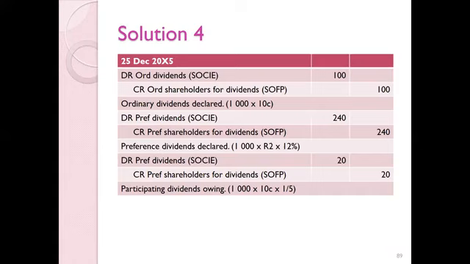So it would be the 100 Rand divided by 5 to get 1/5. That means that the preference shareholders are going to get an additional 20 Rand. Exactly the same as your previous journal entry, this is now your fluctuating dividend. Debit our preference dividends, which is a reduction of retained earnings, 20 Rand, and credit our preference shareholders for dividends.